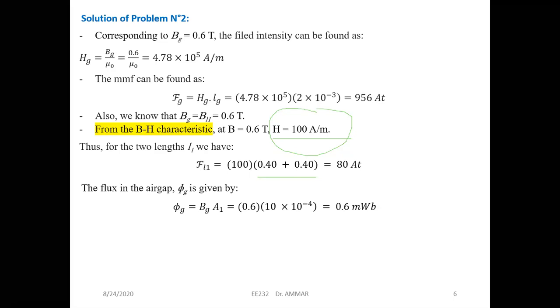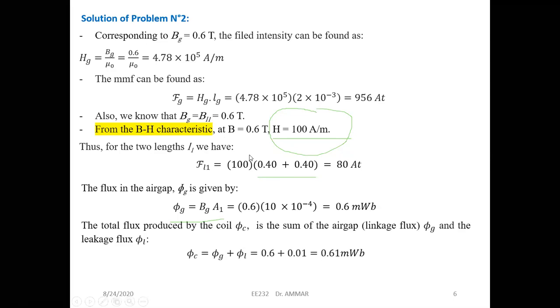Now the flux in the air gap can be found from the flux density of the air gap times the cross section, of course. This is phi g, the flux of the air gap. Now the total flux, this is the important remark.